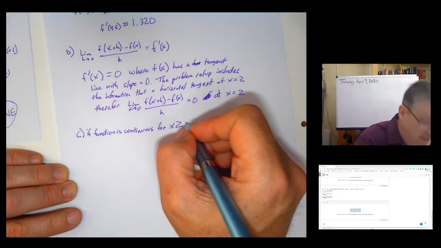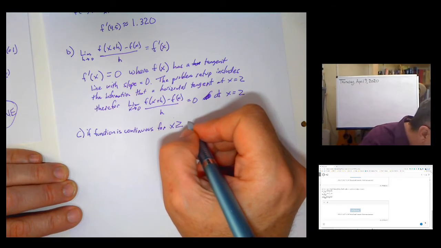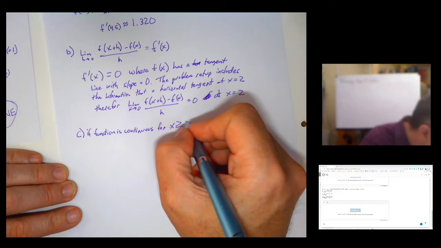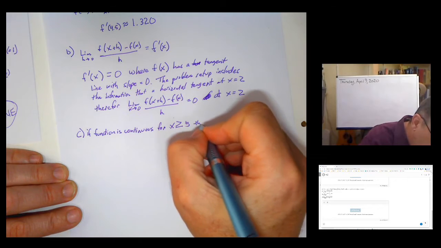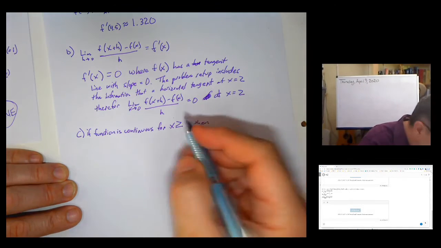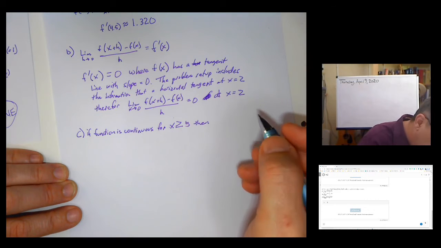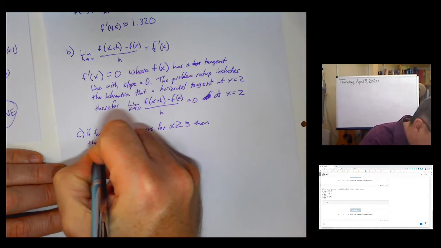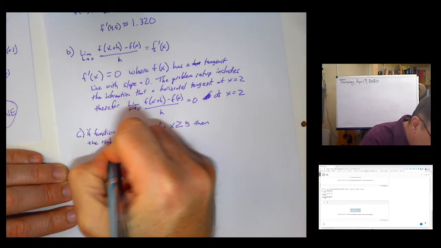This is just the right side limit. As x is greater than or equal to 5, it is continuous because it's just a line, right? It's a line.